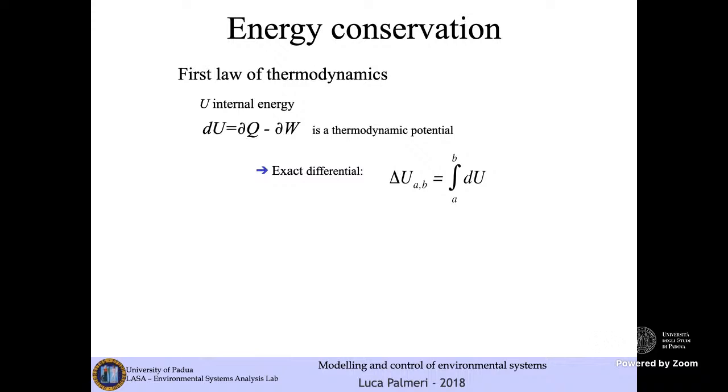A thermodynamic potential is an exact differential, meaning that if I want to evaluate the difference of internal energy between two states A and B, I may simply calculate the integral of the variation of the state variable from state A to state B. So I make the infinitesimal summation of variations of internal energy, and then, by applying this integral, I obtain the difference of internal energy between state A and state B. We will see soon that this has some implications.